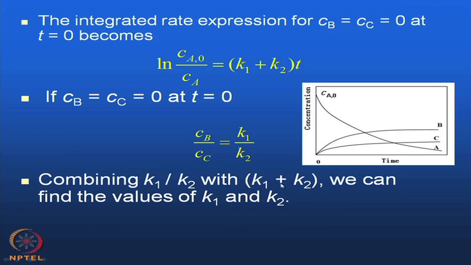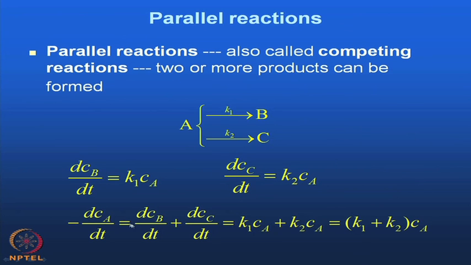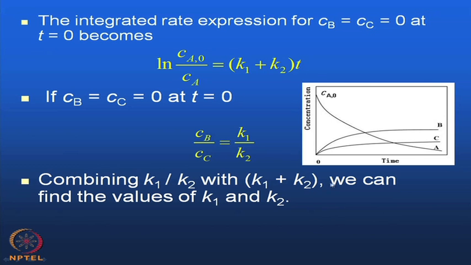So, the integrated rate expression, if you integrate this one, at t equal to 0, Cb and Cc are 0. If you integrate, you will get this expression, that is ln Ca0, the initial concentration at t equal to 0, over Ca is equal to K1 plus K2 into t.